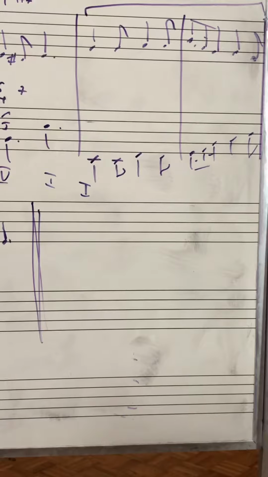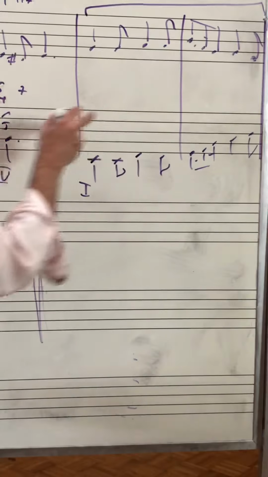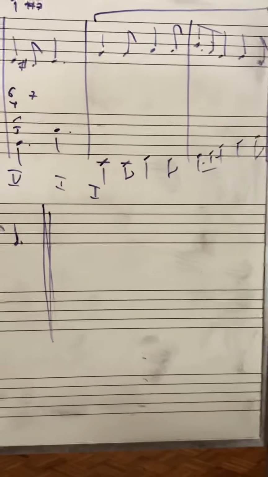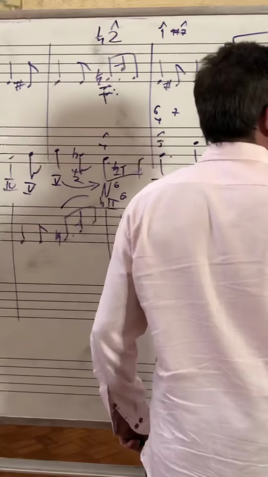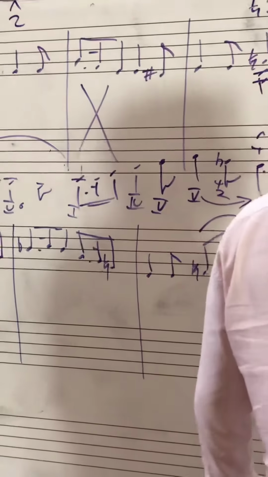Or you could do a cadential 6/4 there, slightly different. In any case, the idea is that these 2 bars are just going to be a variant of this bar, but leading to a 5 in the key of G.